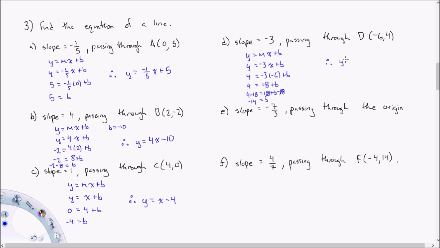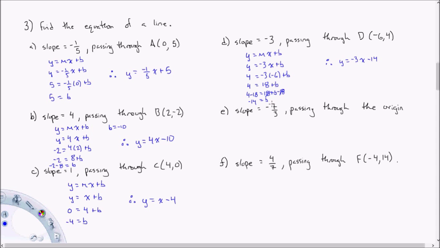Therefore, y is equal to our slope, m, which is negative 3, x, plus b, which is negative 14. And that's it for D.